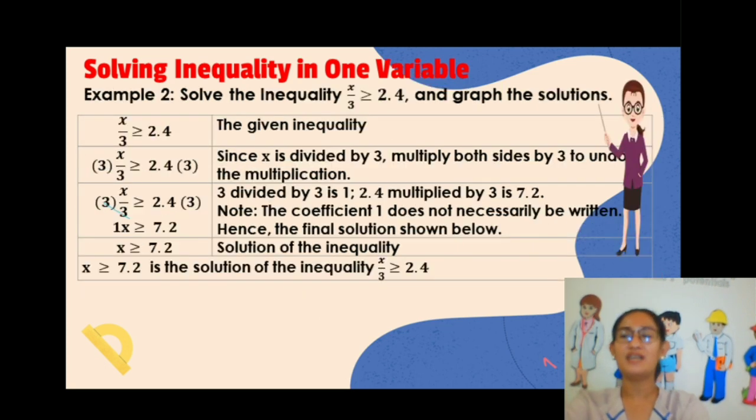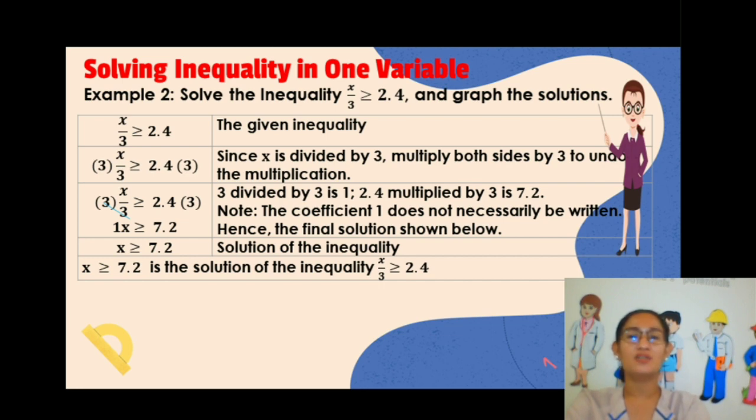Let's have another example. x over 3 is greater than or equal to 2.4. The given inequality is written on the first row. Since x is divided by 3, multiply both sides by 3 to undo the division. 3 divided by 3 is 1. 2.4 multiplied by 3 is 7.2.